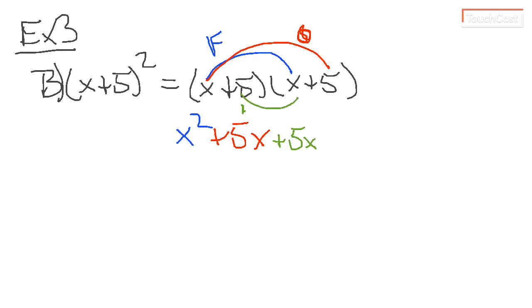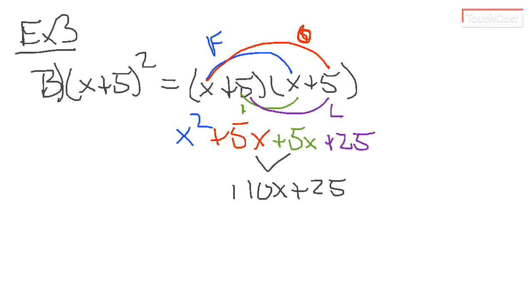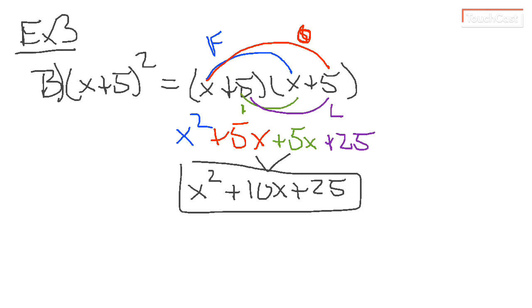And then our last terms, 5 times 5 is 25. Now we can combine 5x and 5x to make 10x. And we bring everything else down. So our final answer is x squared plus 10x plus 25.